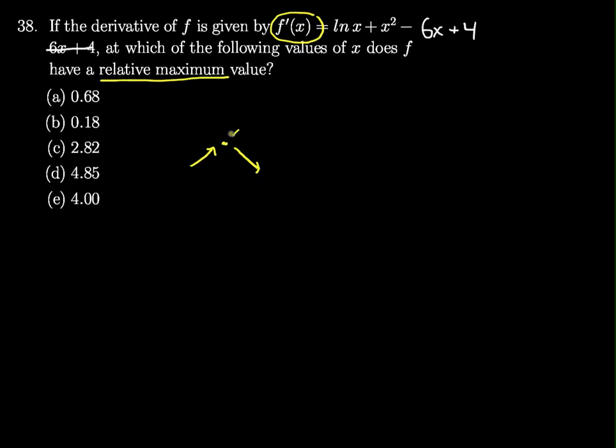Somewhere in here will give me a max. Sloping up means I'm looking to see where f prime of x is greater than 0, and sloping down is where f prime of x is less than 0.